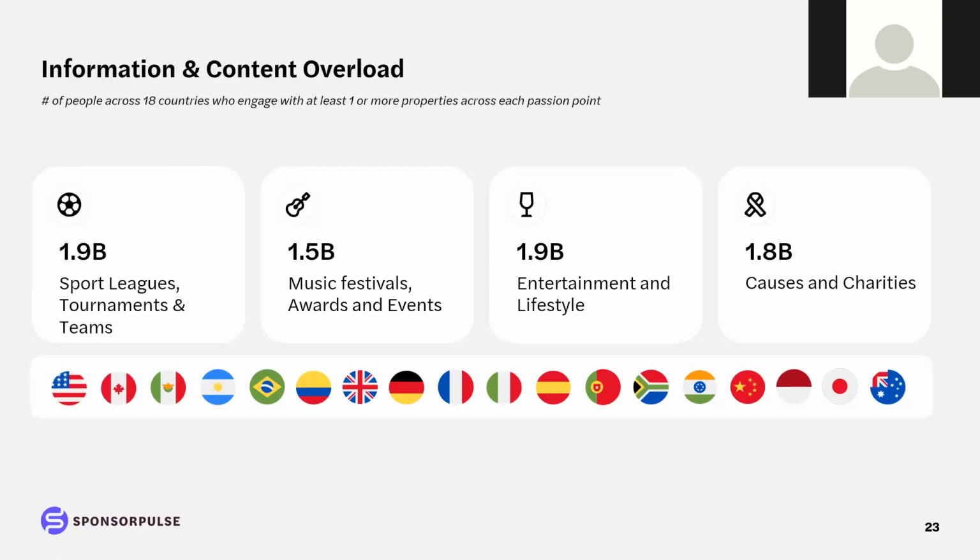Globally, in the 18 countries that we measure within the platform of Sponsor Pulse, billions of people follow any one of these things. That's a lot of noise. You sit back as a brand, even in just one of these regions, and say, okay, I want to get into entertainment and lifestyle. Where do I go? And then all of a sudden you have hundreds and maybe thousands of different property ideas hitting you in the head. So you have to step back and say, which is the right one for me and for my consumer and my objective?